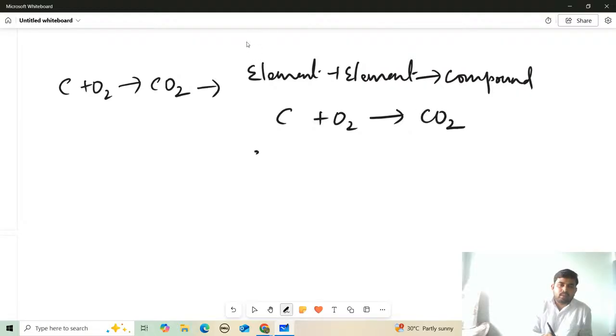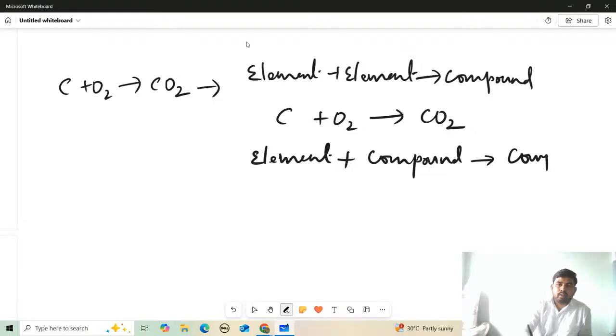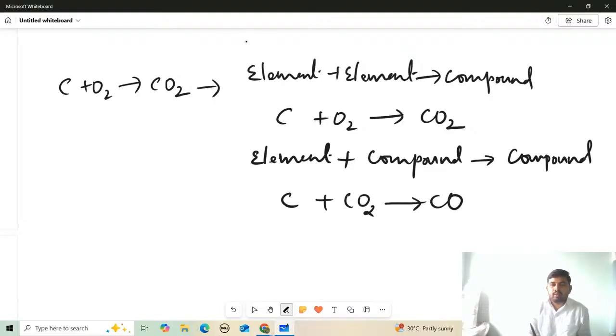Similarly, the second one is an element combined with a compound. In this case, we get again a compound. This is another type of combination. For example, we can take carbon plus carbon dioxide forms carbon monoxide.